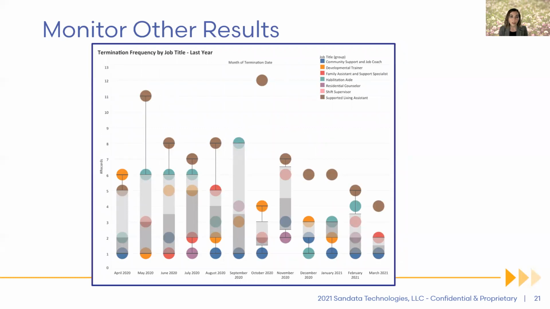And it's also important to monitor other results. So here you can see some trending over time. This is actually with that same group as in the previous slide. And so you can see here that starting in October 20, which was right around the time that the project kicked off, actually, you saw this improvement over time in terms of the number of terminations.